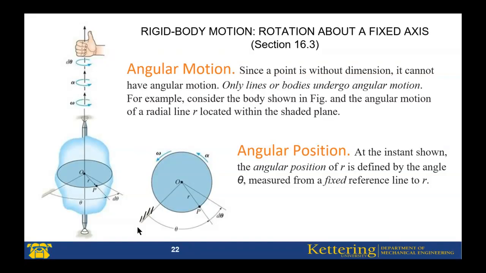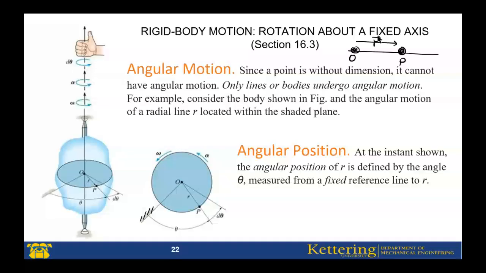If you remember, for a particle with rectilinear motion starting from the origin, when this particle moves to point P, we use r to show the position of the particle at point P. Similar to this, when a rigid body is rotating, we can measure the position of any point P from a reference using theta.